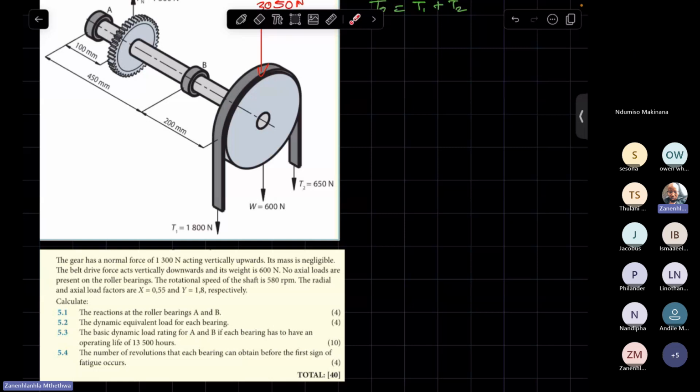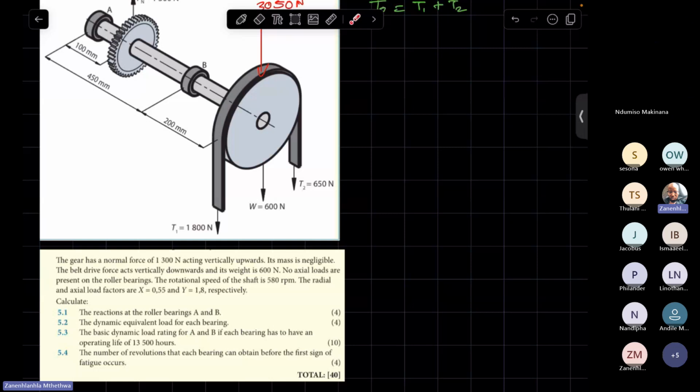Now, let's look at the statement for this problem. The gear has a normal force of 1,300 acting vertically upwards. Its mass is negligible. So the mass of the gear wheel is negligible, hence they haven't indicated the weight of the gear wheel. The belt drive force acts vertically downwards, and its weight is 600 newtons, which we've already covered. No axial loads are present on the roller bearings.